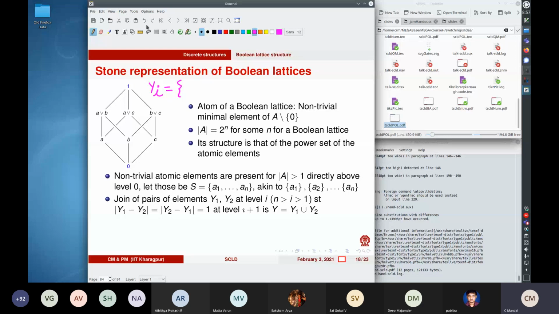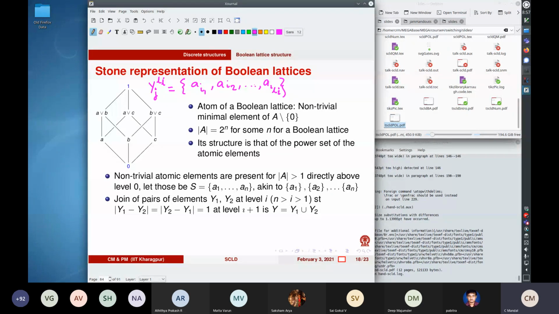Or rather we can say yj at level I. At level I means you are going to have elements a_i1, a_i2, up to a_i, level I. So you have got I distinct elements.